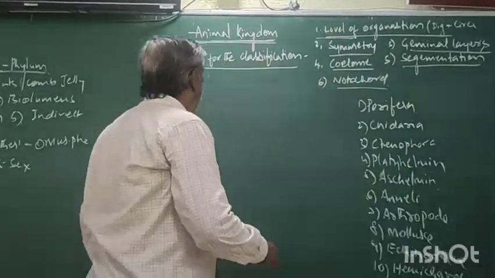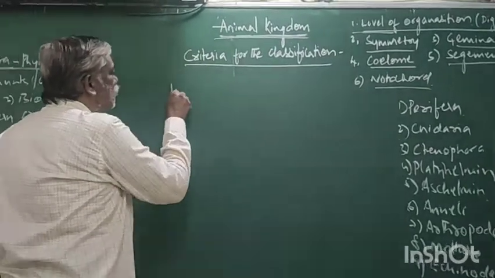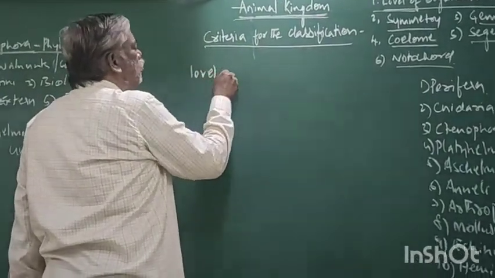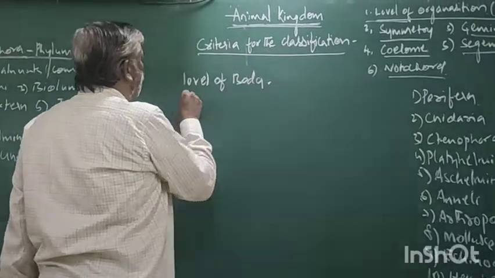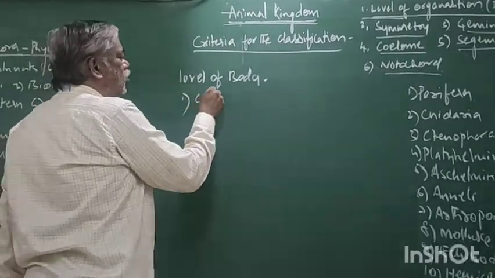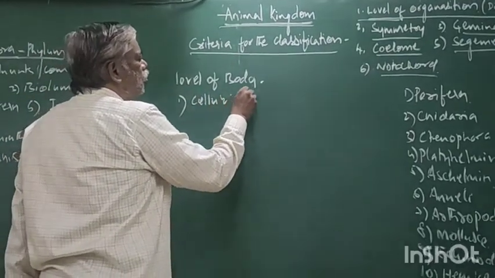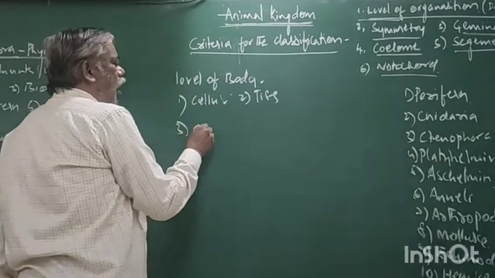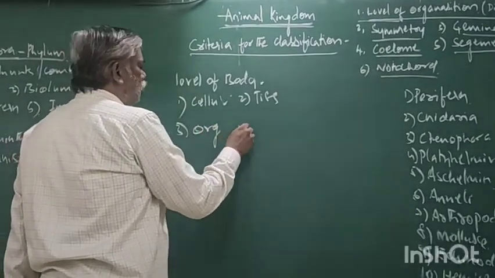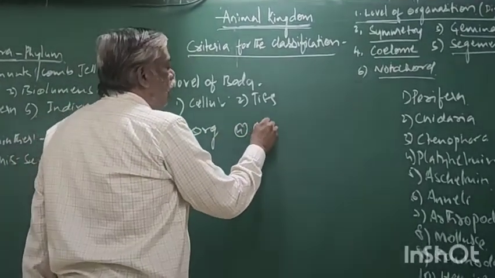Now, levels of body organization: cellular level, tissue level, organ level, organ system.